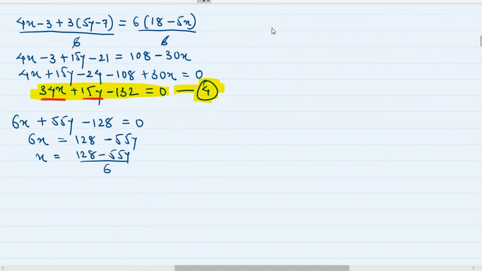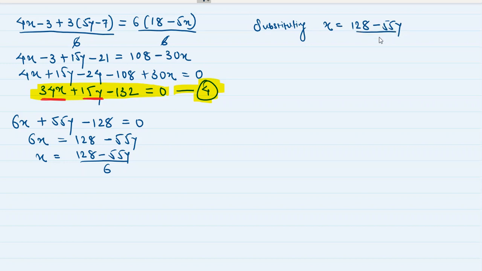Okay, so substituting x is equal to 128 minus 55y upon 6 in equation 4.